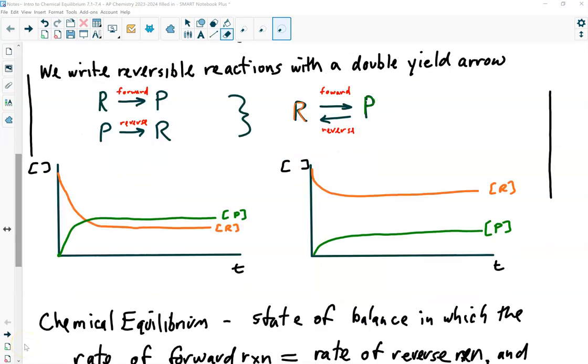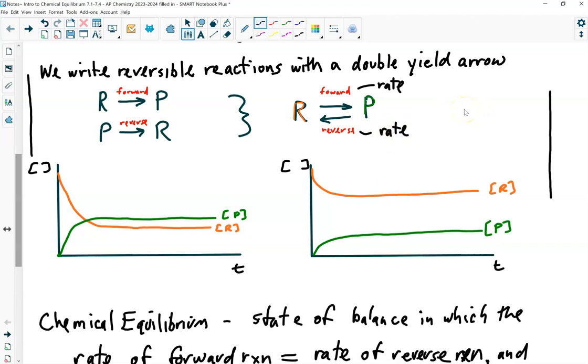Okay, so this can end up two different ways, really. We saw that with the buckets of water, a situation where over time, the reactant concentration comes down, the product concentration rises, but then they level off at some point, right? And again, we said that was because the rate of the forward reaction becomes the same as the rate of the reverse reaction.